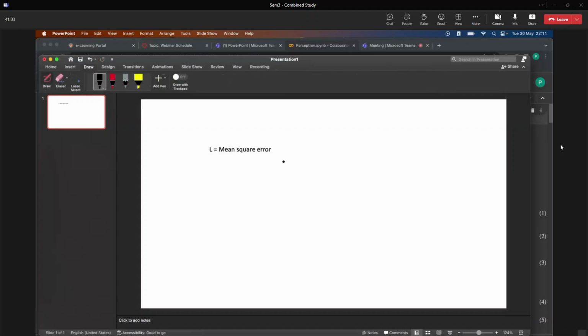What we will do for mean square error, we will have this: y minus y hat, and it is squared. This half is just to make our jobs easy later on. Okay, so this is the error.